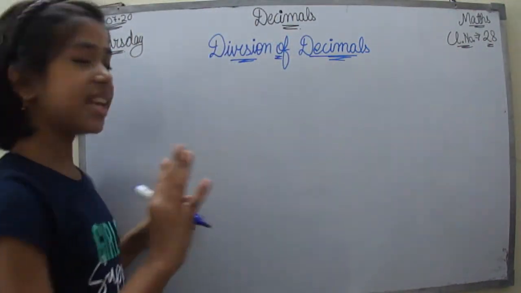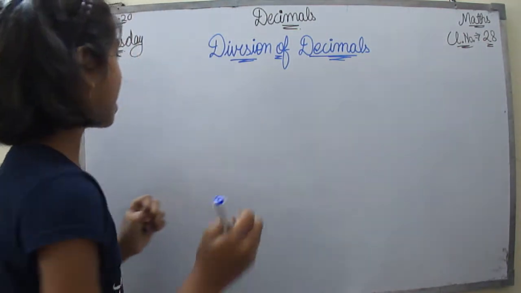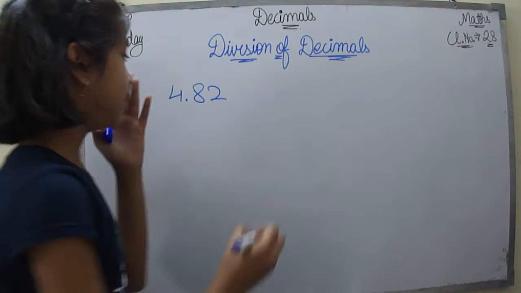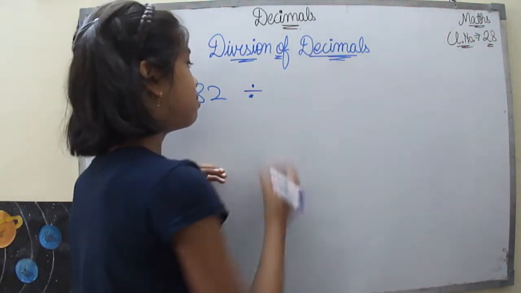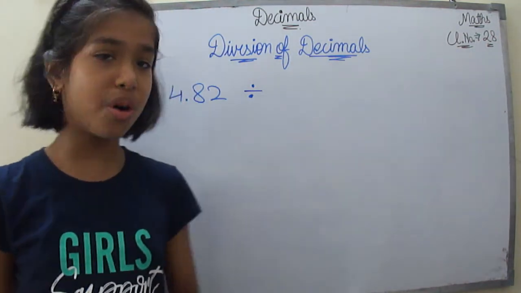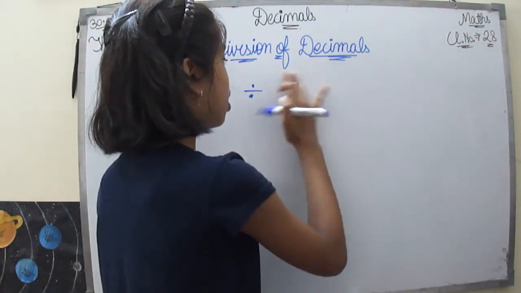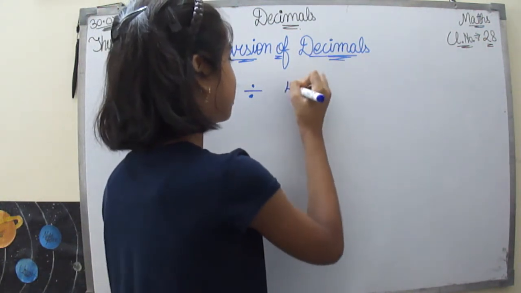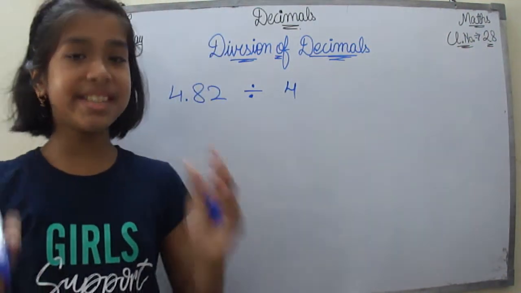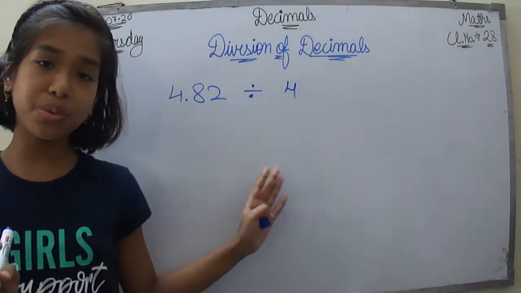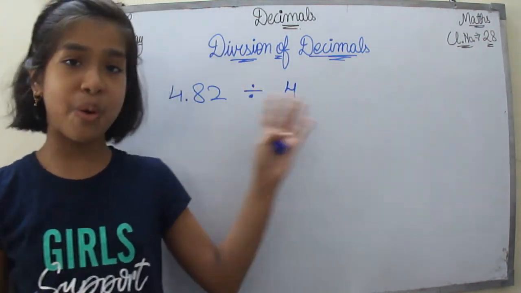Let's take a decimal number, for example 4.82 divided by one whole number, let's say 2 or let's say 4. Now let's see how to divide 4.82 by 4.